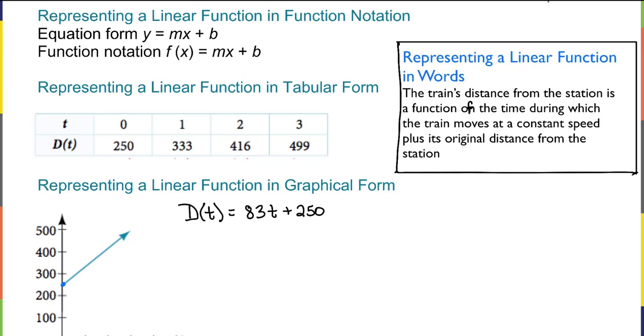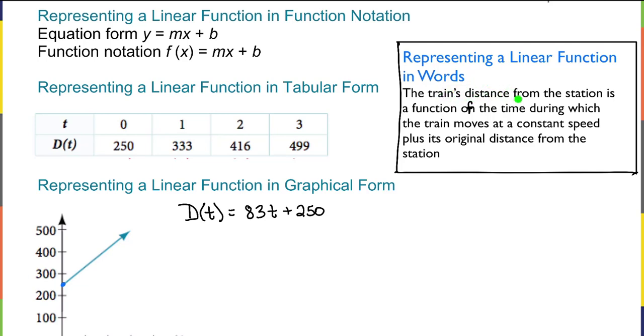Another way to represent a linear function is in words. The train's distance from the station is a function of the time during which the train moves at a constant speed, plus its original distance from the station. The train is moving at a constant speed, so it's changing its distance, which is what we're finding.